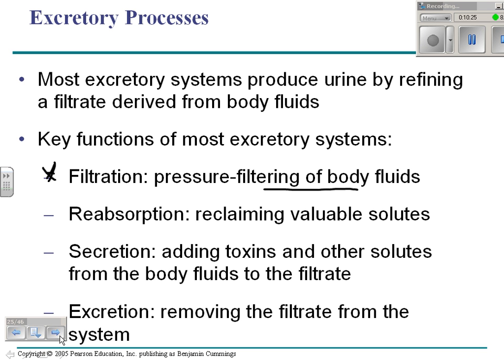You have to take back what you want, reabsorb. You have to be able to secrete things that you don't want back into what's called the filtrate, which is going to end up being urine. And then you have to be able to get rid of the urine, the actual excretion.